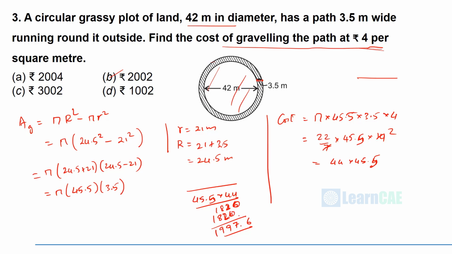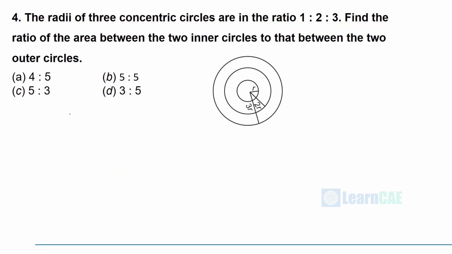So adding this, 1820 plus 1820, the answer is 2002. Okay. Next problem. The radii of 3 concentric circles are in the ratio of 1:2:3.